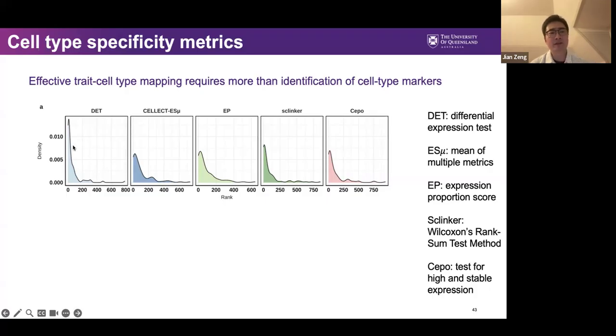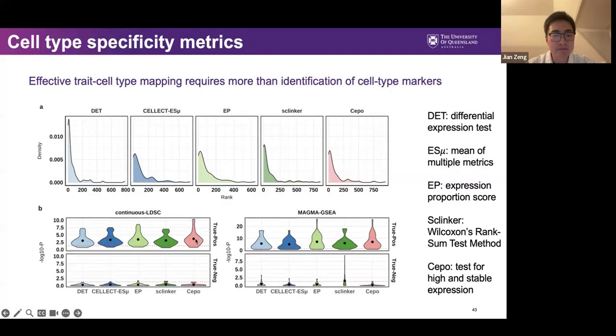So first, we look at which specificity metric can best identify the marker genes for the cell type. This shows the distribution of the ranking of the marker genes across different cell types. And apparently, this simple method, the differential expression t-test, can best identify the marker genes for the cell types.